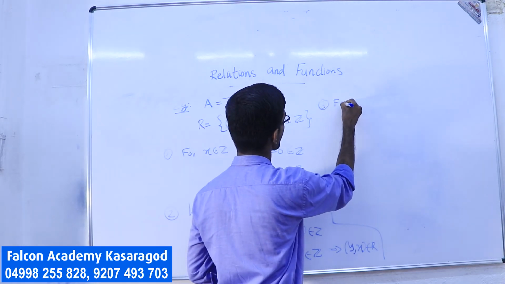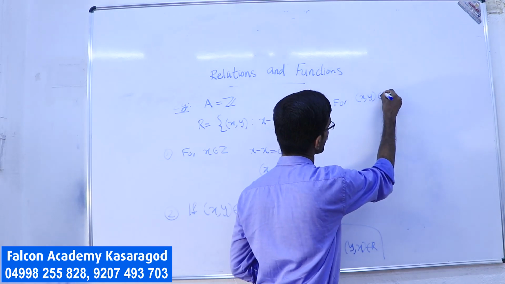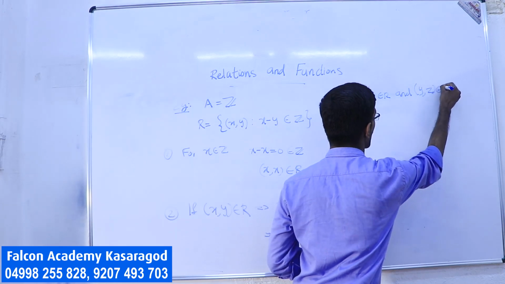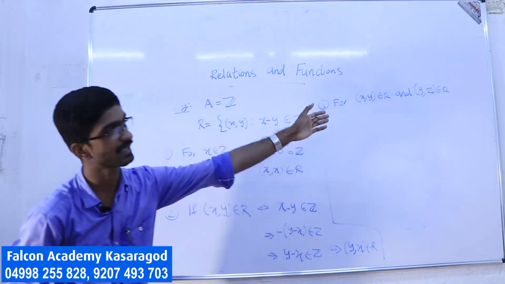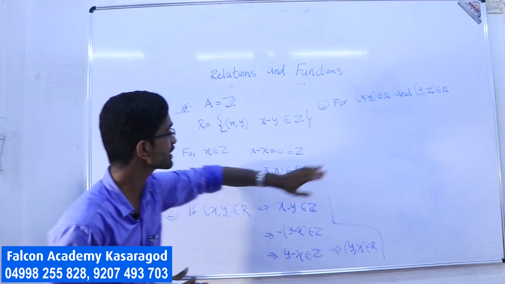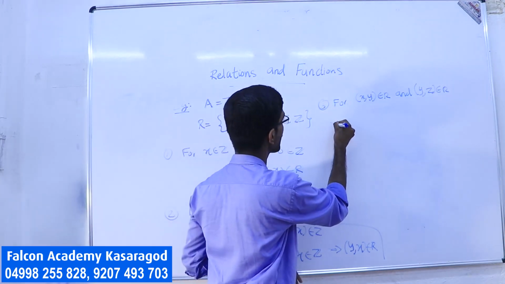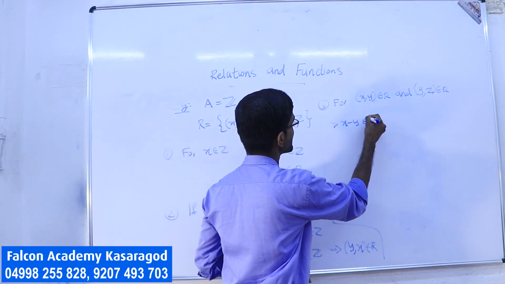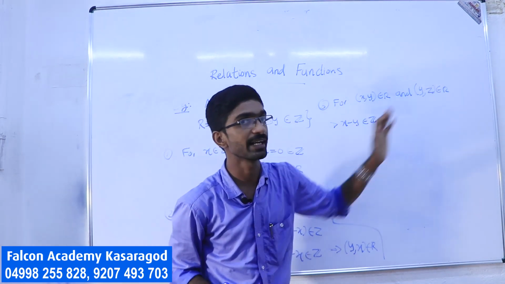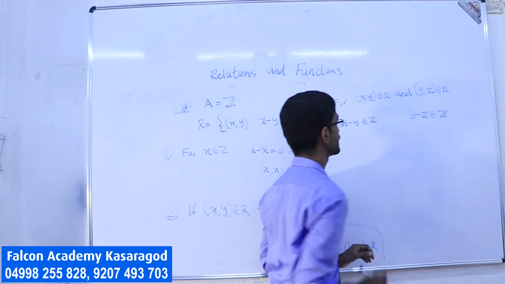So for (x, y) belongs to R and (y, z) belongs to R, let us consider two elements (x, y) and (y, z). Since (x, y) belongs to R, that shows x minus y belongs to the set Z. So this will imply x minus y is an integer. Also (y, z) belongs to R, that shows y minus z is also an integer.